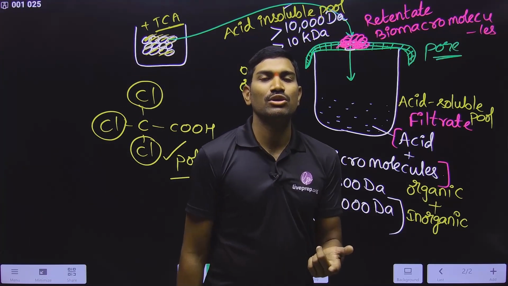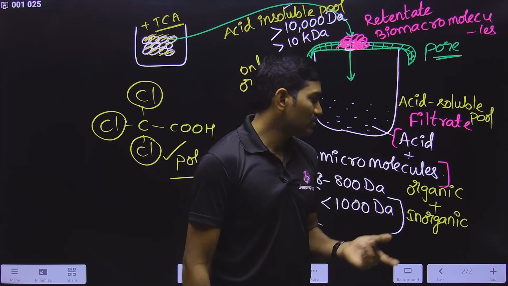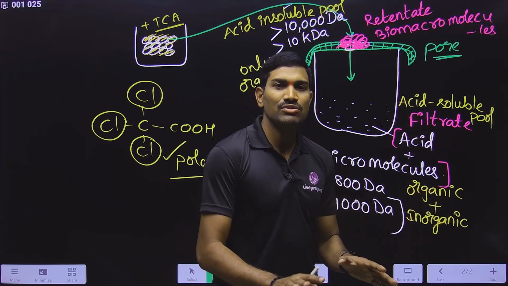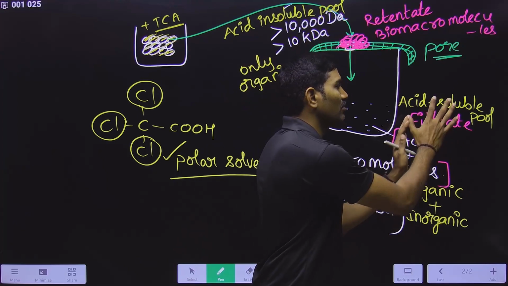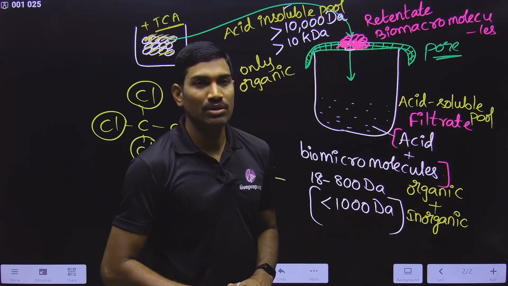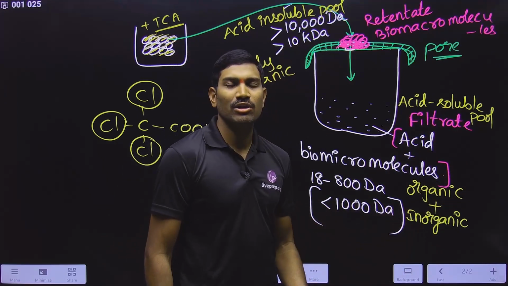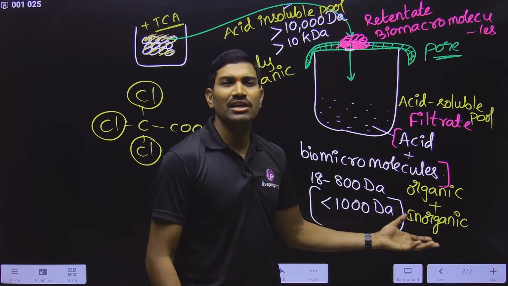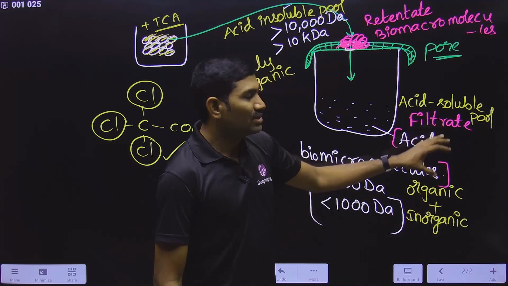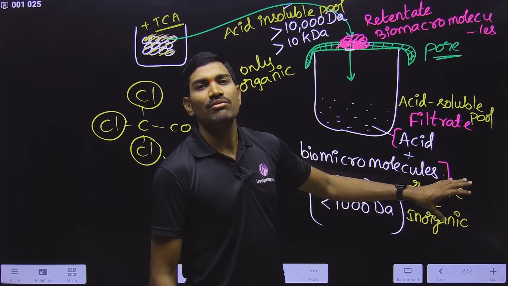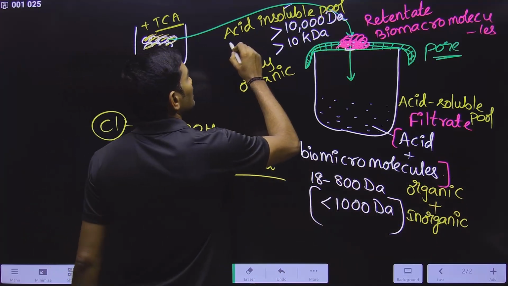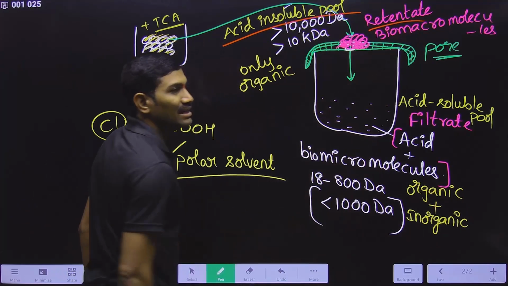Individual nucleosides, nucleotides and nitrogenous bases are also present in it. Regarding inorganic molecules, some calcium carbonate, some phosphates, and other inorganic components are also present in the acid soluble fraction. Clear?